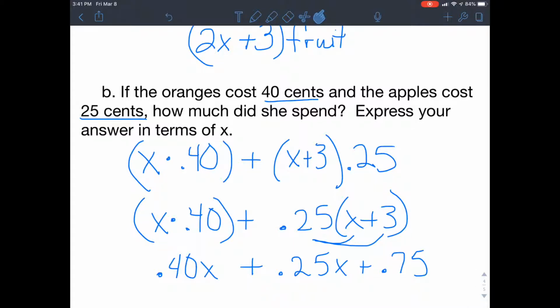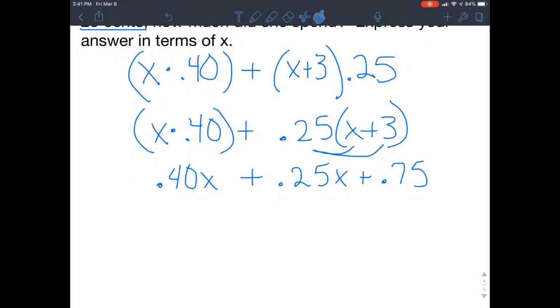Now, I'm not done. I have this expression. So here I have my expression. I have terms with x in them, but it's not simplified. 0.40x plus 0.25x. When I add those together, I get 0.65x.